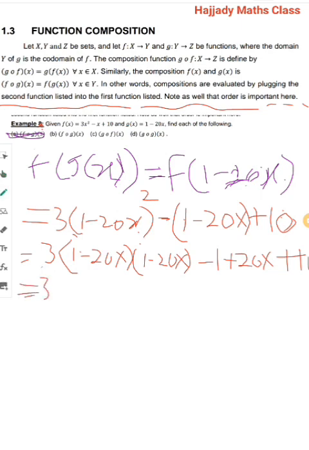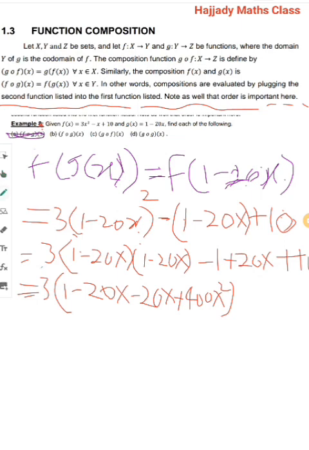3 into big bracket, 1 times this, 1 times this. So we have 1 minus 20x minus 20x, that's the expansion, plus 400x squared. Close bracket. So minus 1 plus 10 gives what? 9 plus 20x.